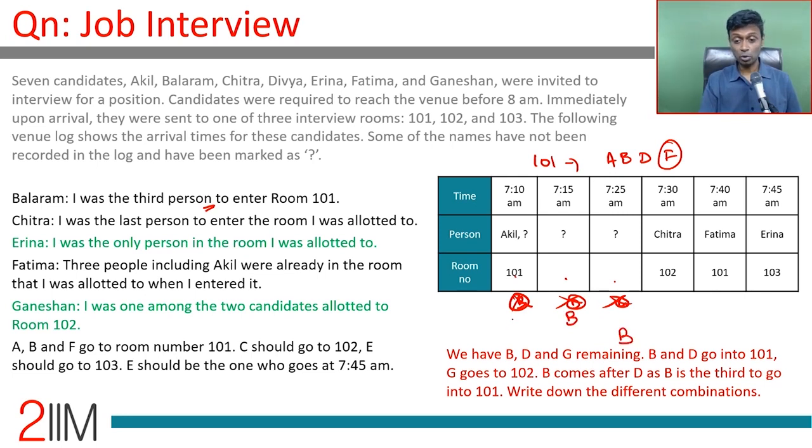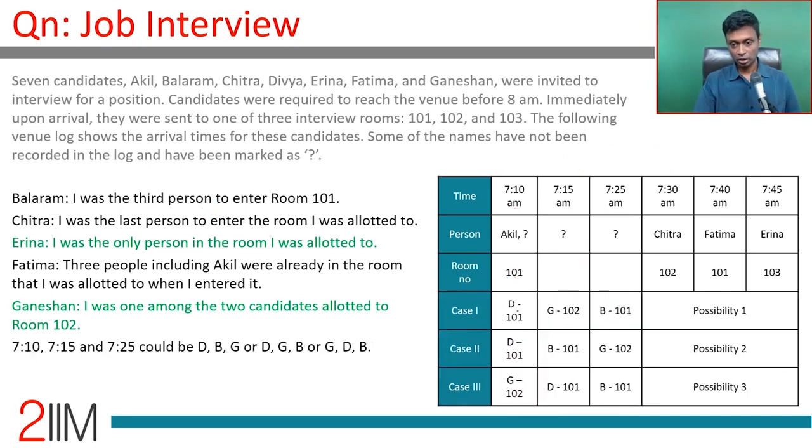D could have been before B here. We're looking at DBG, DGB, GDB. 3 possibilities for these 3 time slots. Balram could not have come first. D before B, that much we know.